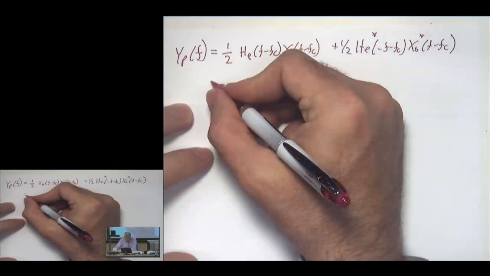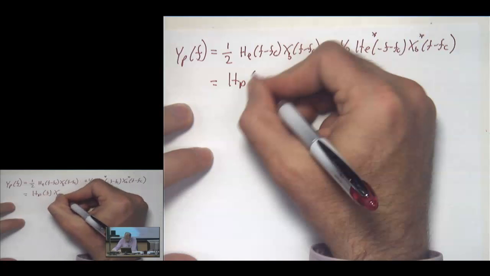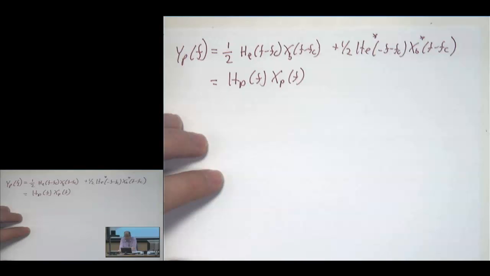And so this right here is equal to H_p of f X_p of f here. So this is the product between these two things here.